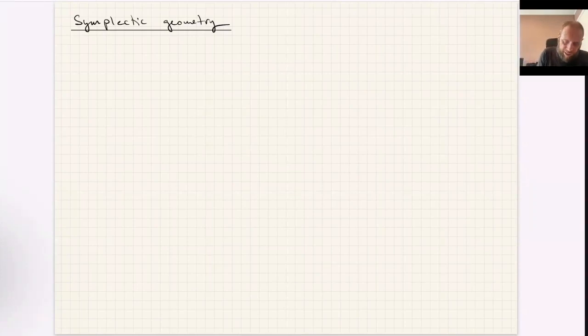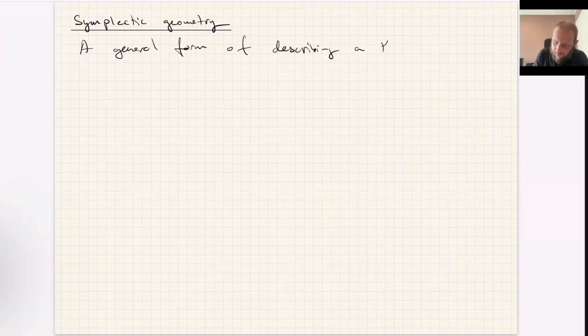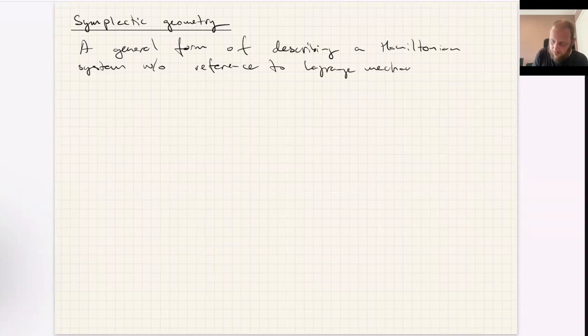So this is essentially a general form of describing a Hamiltonian system, without the reference to any Lagrangian mechanics. So no reference to this underlying configuration space M or to tangent bundles, just the system itself.